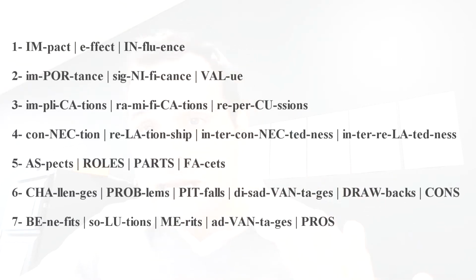Instead of connection, I can talk about relationship or interconnectedness or interrelatedness. Right? How about the word aspects? I don't want to repeat the word aspects. I want to use roles or parts or facets.